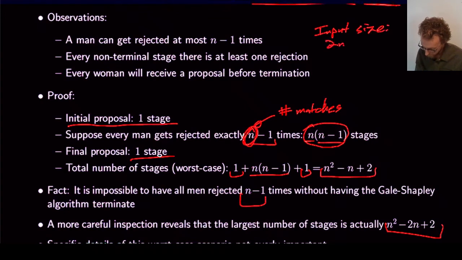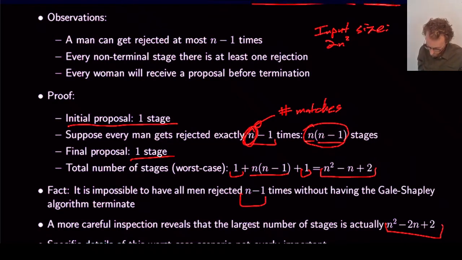So why is that? Well, if you take all the men's preferences, there's n men, and each man has n preferences. So you can collect the preferences of the men in an n by n grid. The men's preference rankings take up n squared space.